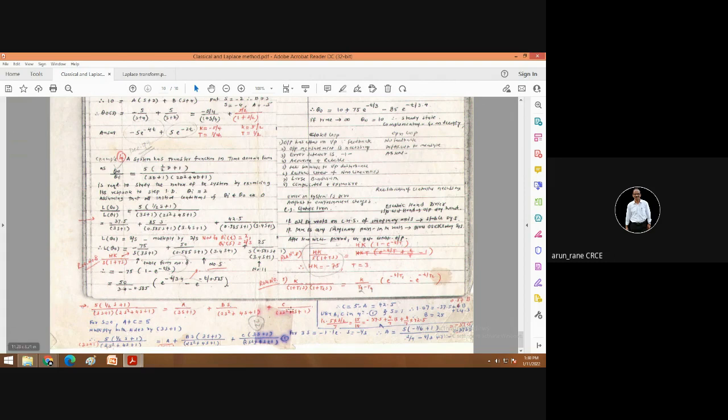This is the partial fraction method. Like this has been written as a upon bs plus 1, this is bs upon this because it is quadratic, and this is c upon this. And how to get the values of a, b, c, this goes as your next assignment. Only one question.